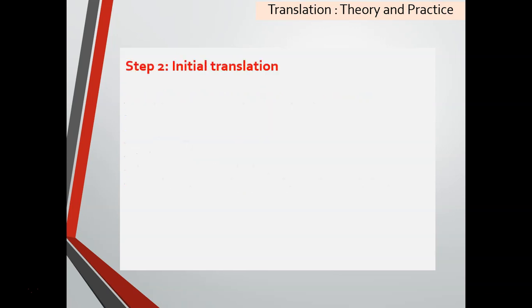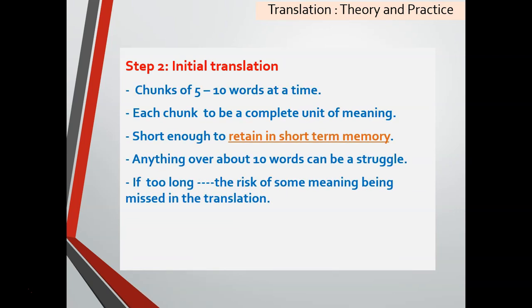After this step is done, then we go to step 2, which is called the initial translation step. Now, they systematically translate the document, typically in chunks of 5 to 10 words at a time. This is usually what translators do, chunks of 5 to 10 words at a time.